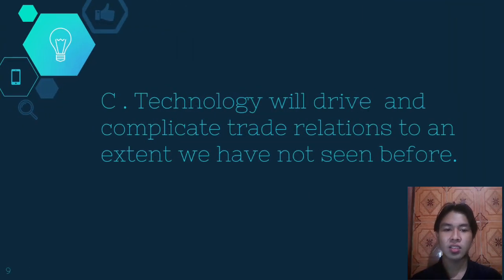C. Technology will drive and complicate trade relations to an extent we have not seen before. Advances in technology are complicating trade in at least two distinct ways. First, an increasing portion of trade has now become digital rather than physical.